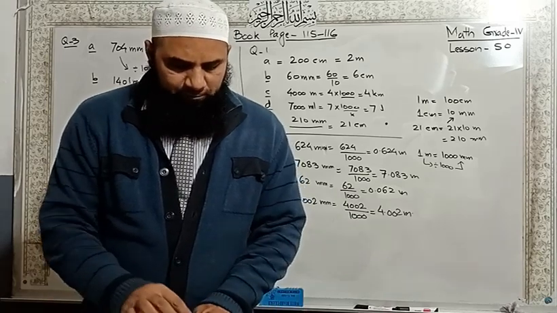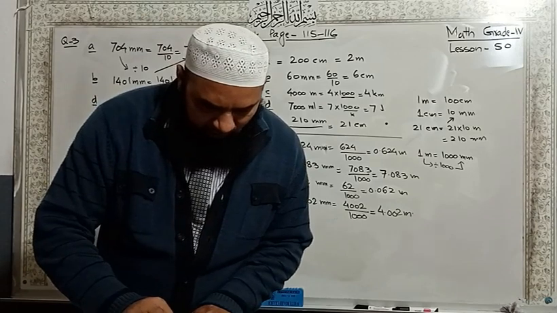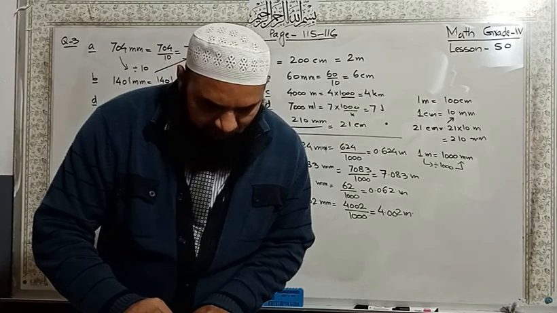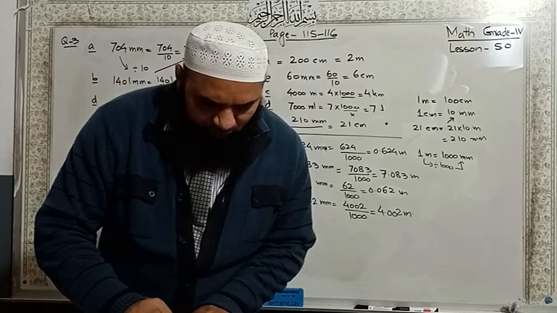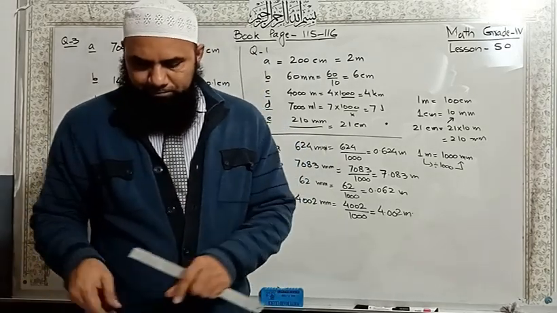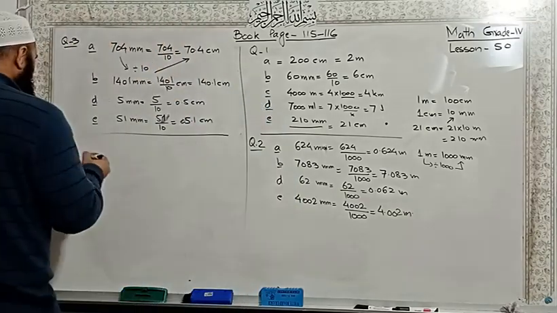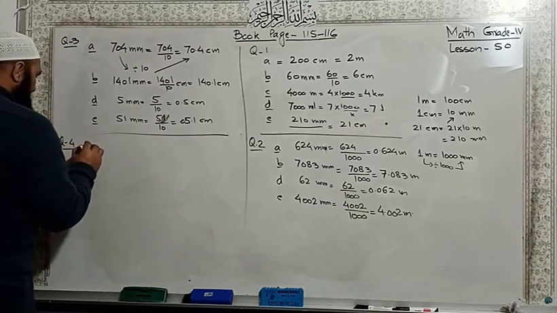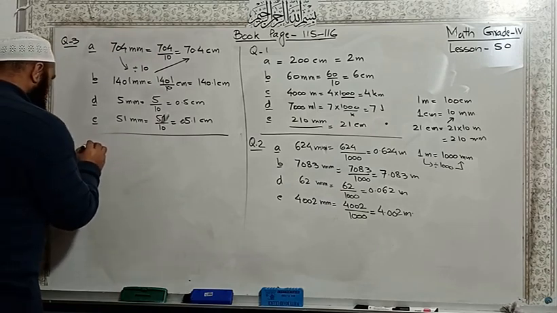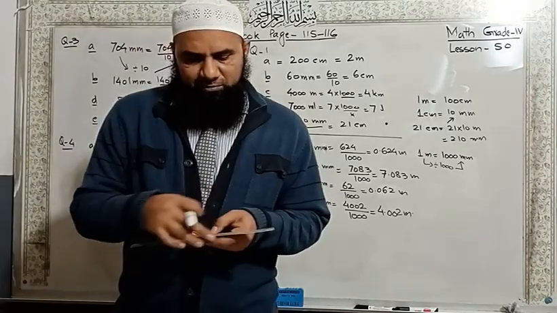With the help of ruler, the length of the line A is equal to 5.1 centimeter. Question number 4, the length of the line A, when measuring with ruler, see centimeters.